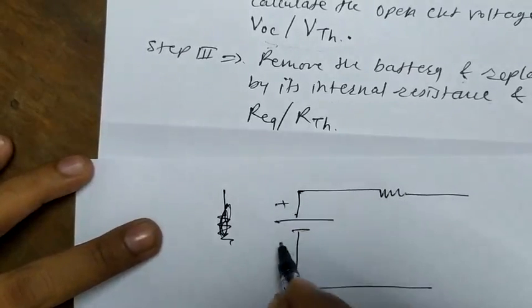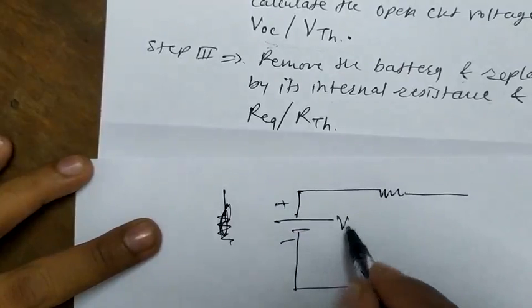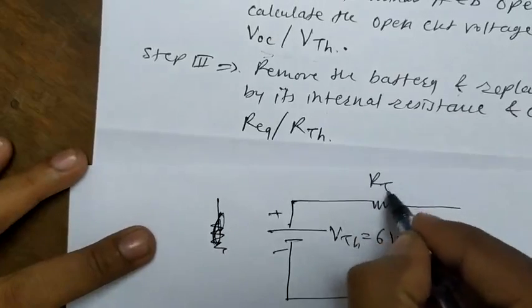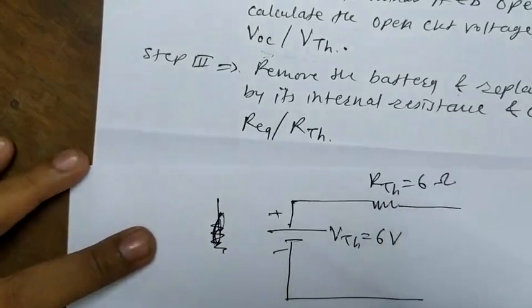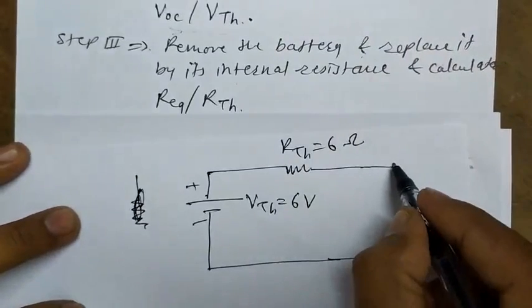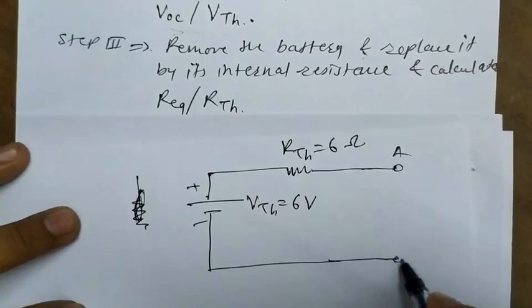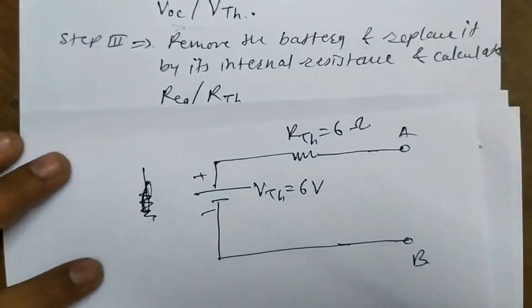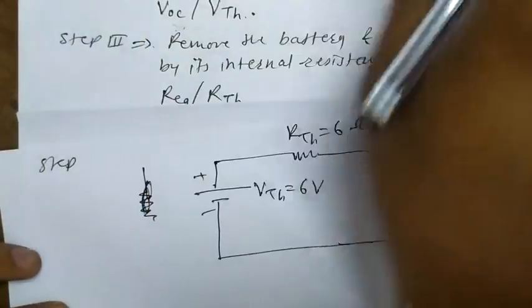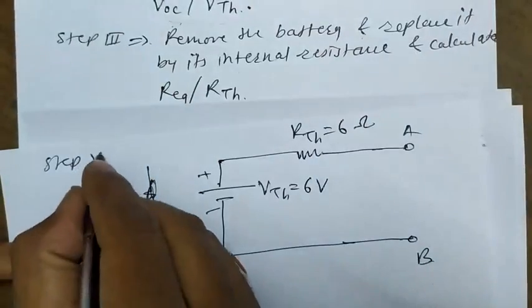This is positive and negative, this is VTH equal to 6 volt and this is RTH, and these are the open terminals A and B. This is step 4.